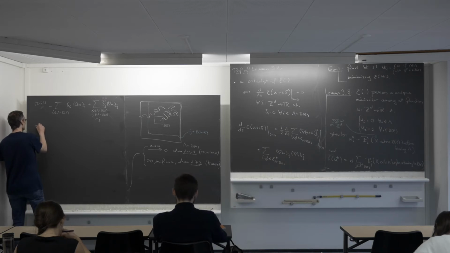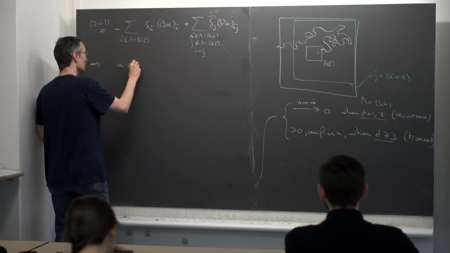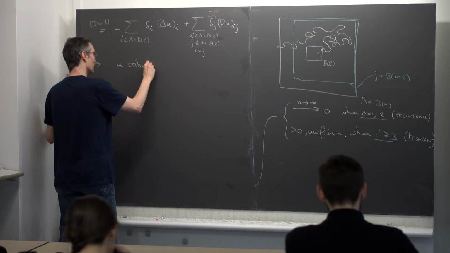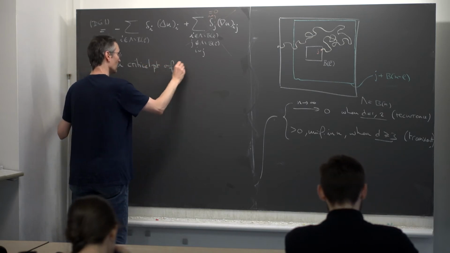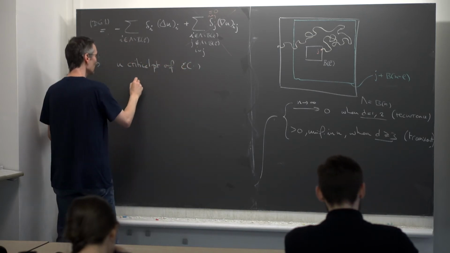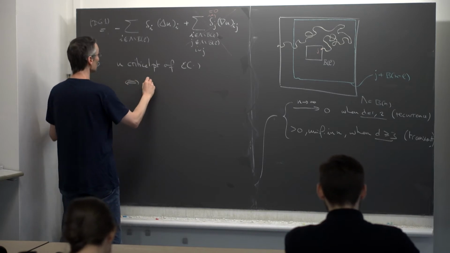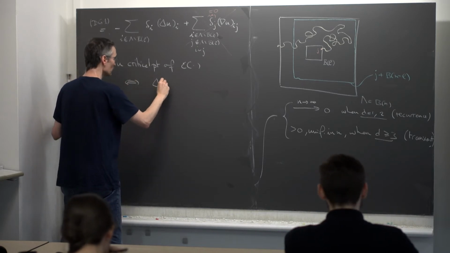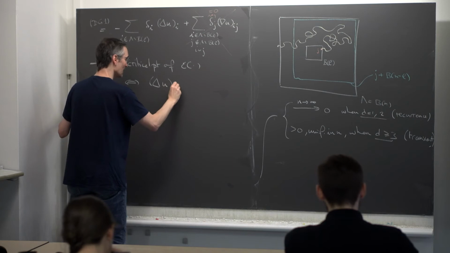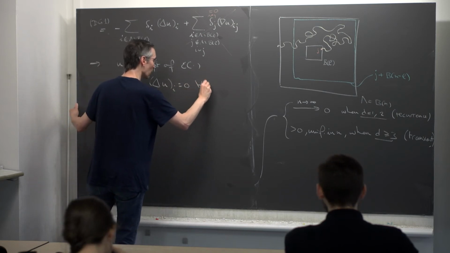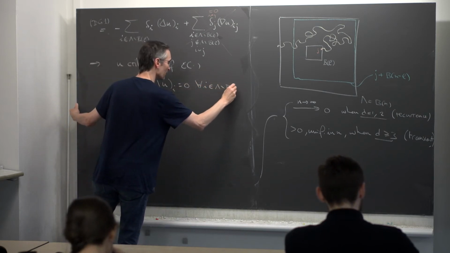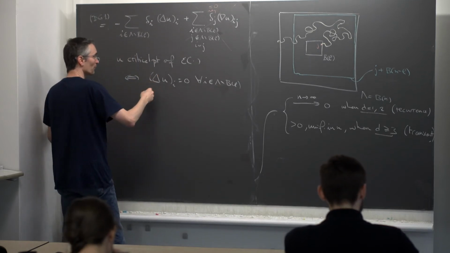So this implies that u is a critical point of the Dirichlet energy if and only if the Laplacian of u at i is equal to 0 for all i in Lambda minus B_L. Plus you have the boundary condition.